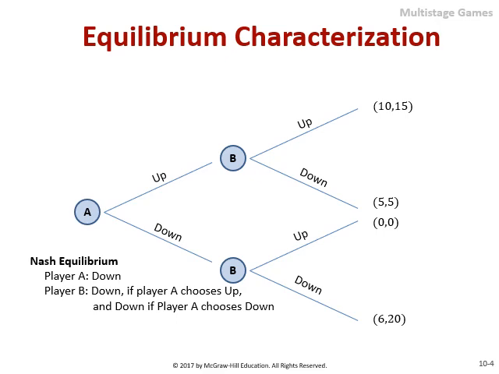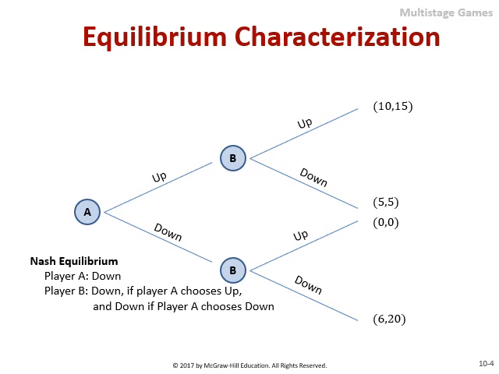So we will take as given that player A plays down. What will be the best response for B? Given that player A plays down, is it to play up or down? If it plays up, the payoff in the bracket for player B will be 0.